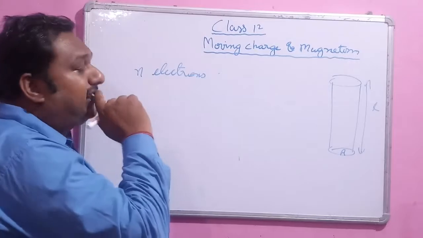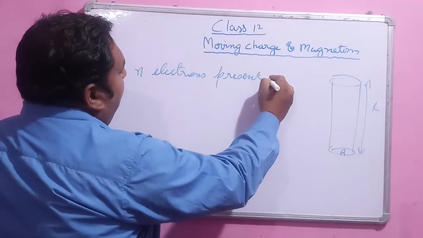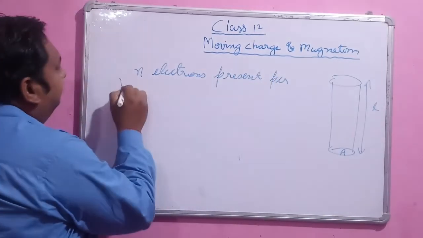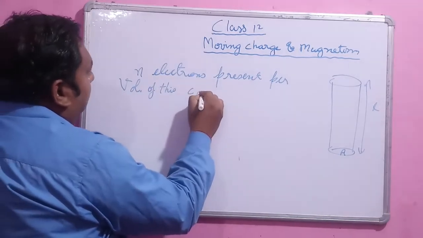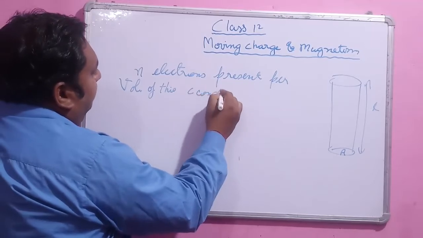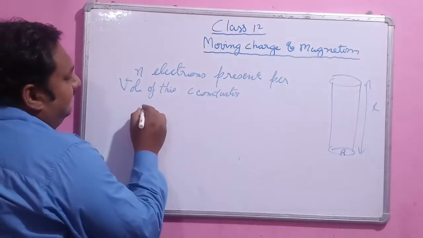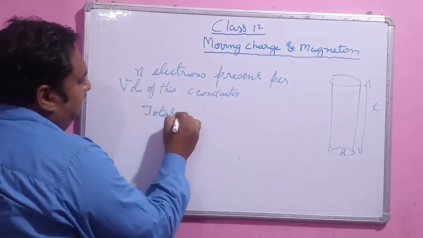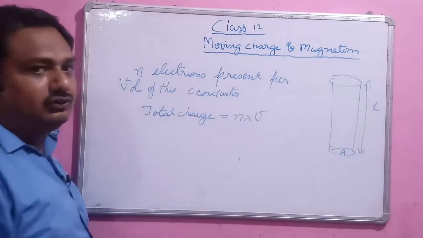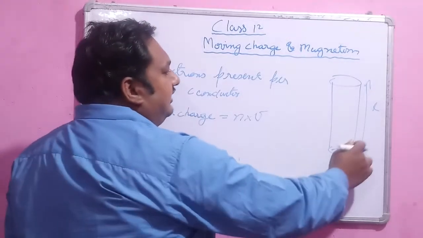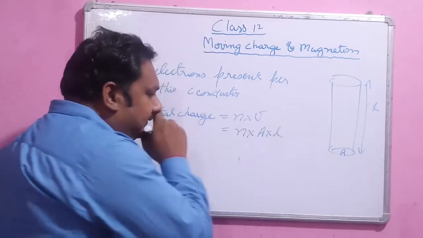So what will be the total charge? That is simply n into V, where V is the total volume of the conductor, and V is nothing but the area into length. So we can write nAL.